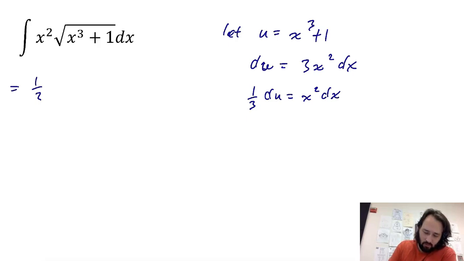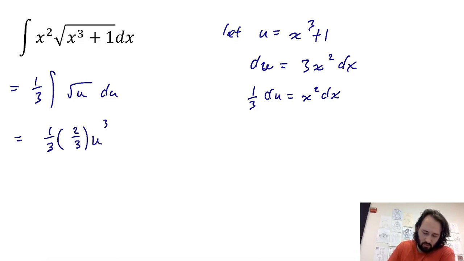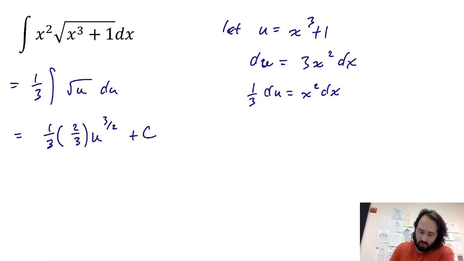And I can make the substitutions now. So I have 1/3 integrand of square root of u du, which would be 1/3 times 2/3 u to the 3/2 plus c, and then make your substitution for x cubed plus 1.